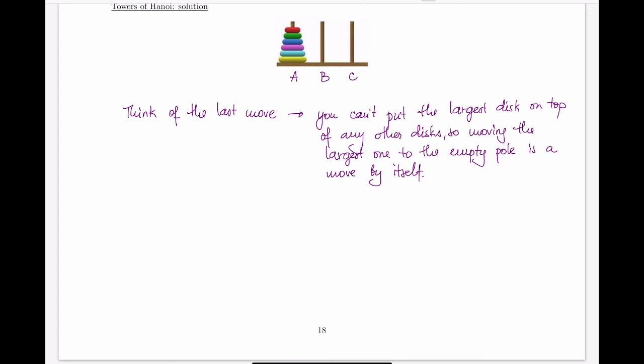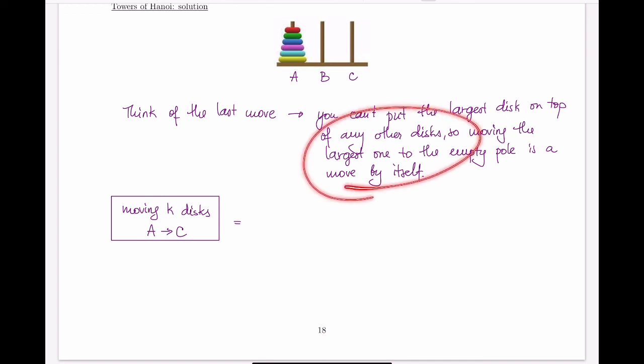So now we can think about breaking this problem into smaller ones. Let's generally think of the strategy. What I would like to do is move K discs from pole A to pole C. This is my goal here. How can I accomplish this task? Well, this task consists of several things.